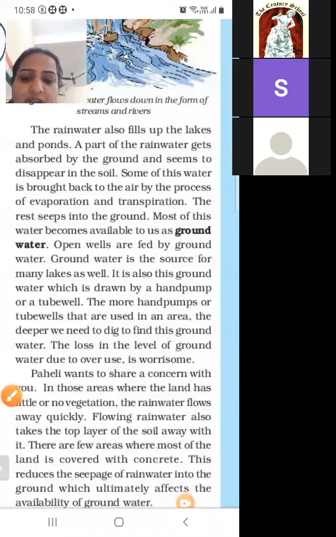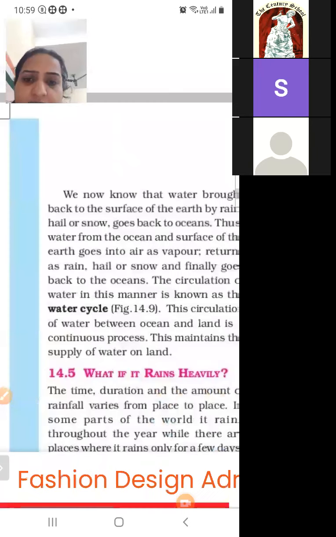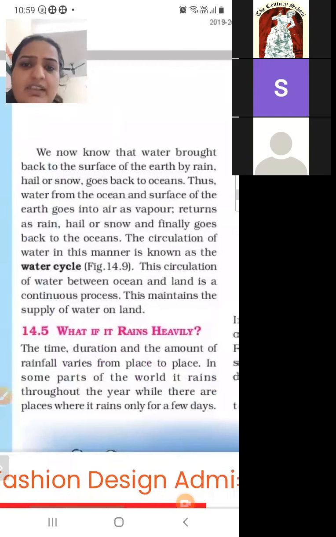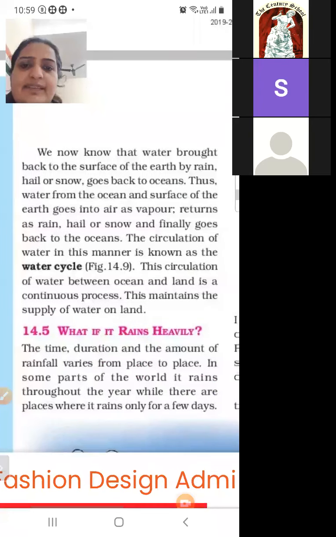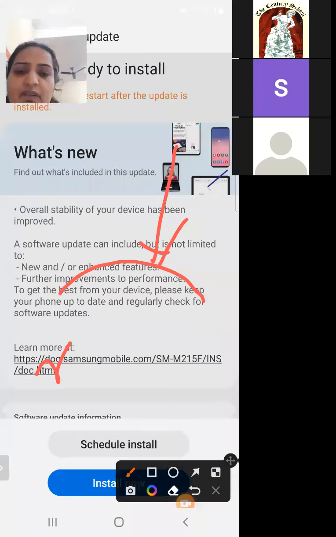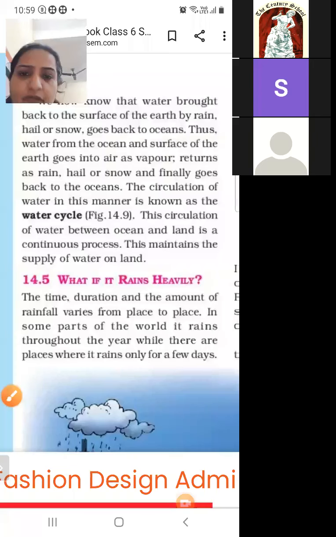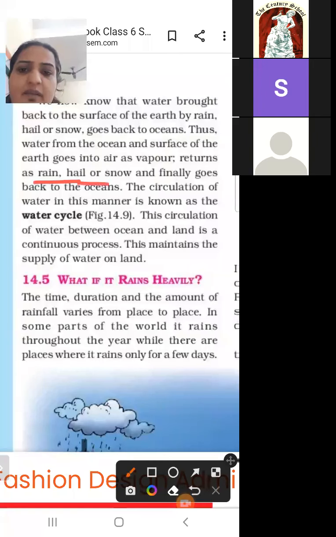So next, we know that water goes back to the surface. As we know, when there is surface water, all water goes into the earth's surface in the form of rain, hail or snow.